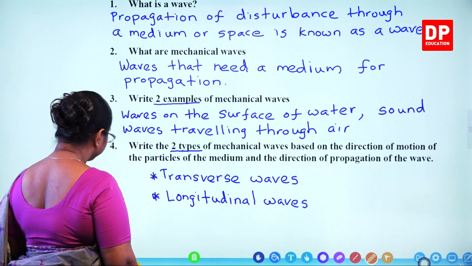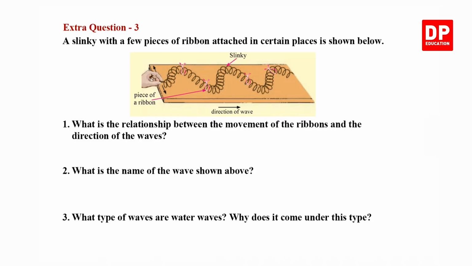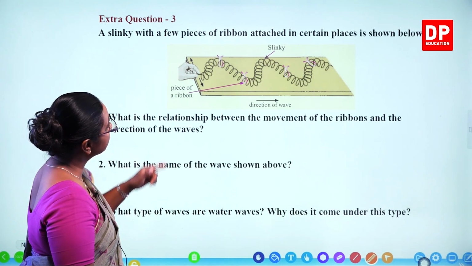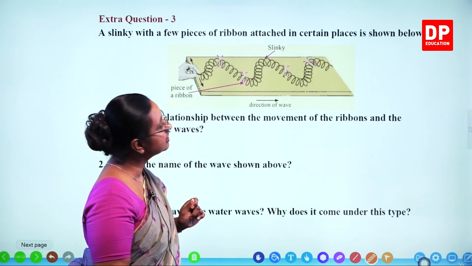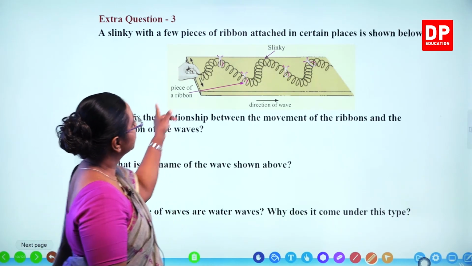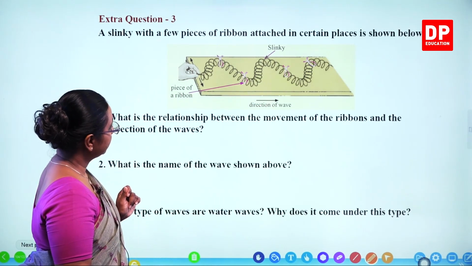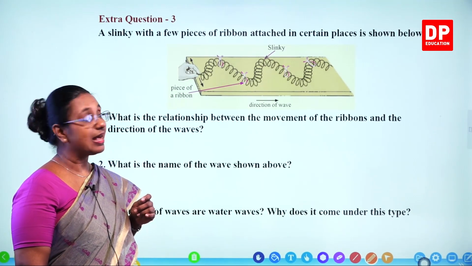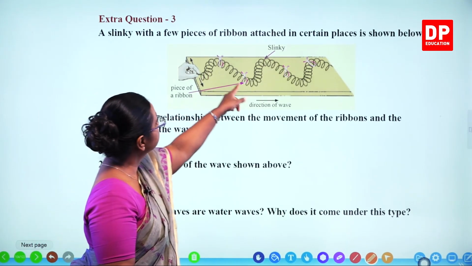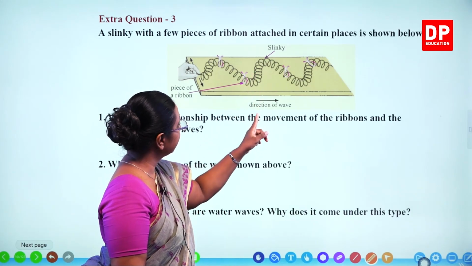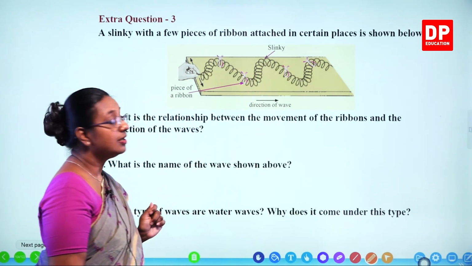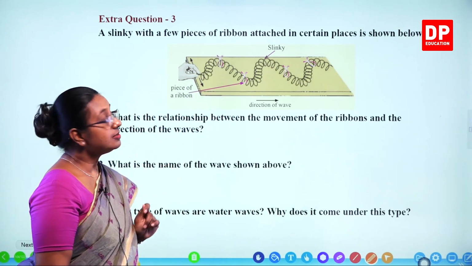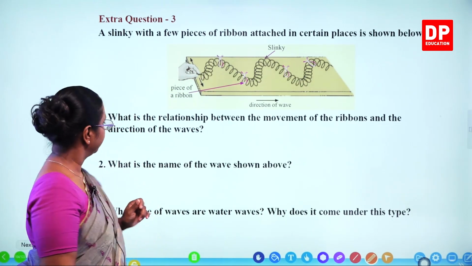The next one, extra question 3. A slinky with a few pieces of ribbon attached in certain places is shown below. So here you can see the slinky. You can remember the activity that we did in the lab. So these are the pieces of ribbons, the slinky, and they have shown the direction of the wave, and you can see how the slinky is vibrated.